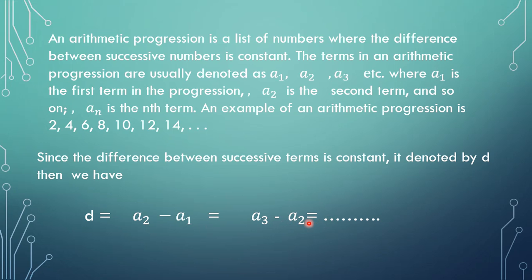When we find out the difference between the next term and the previous term, if it is same, then any sequence of numbers is called an AP. So the common difference D is A2 minus A1, or next term minus previous term also we can say is the common difference.